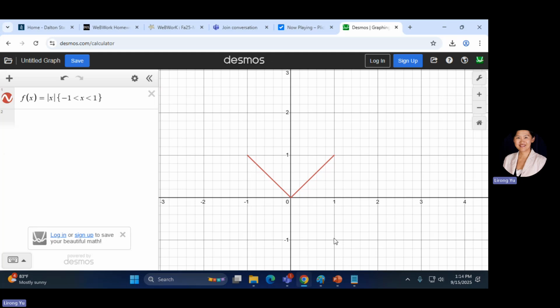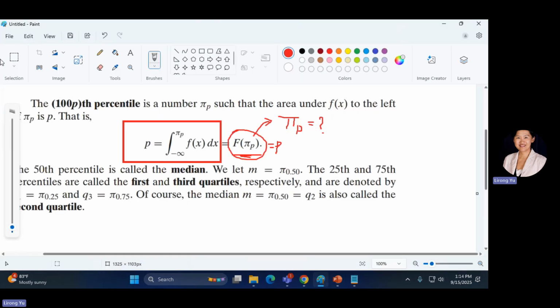So if we look for the 50th percentile, let's say the function equals the absolute value of x, with the domain from -1 to 1, and the function itself is symmetrical. So the area below the function is this.